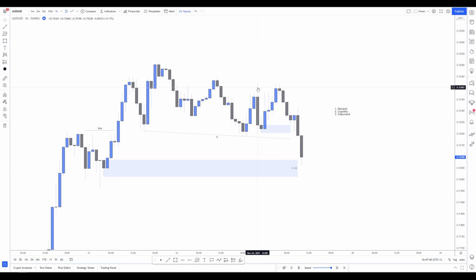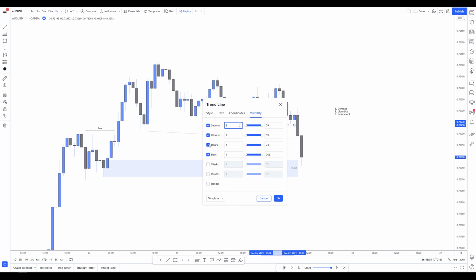Clearly price didn't make a break of structure actually, because this bullish candle never closed above the wick, so that's not a valid order block for me. But some people potentially would look for longs from that area, so I just call this inducement and leave this right there. So we have a third confirmation.